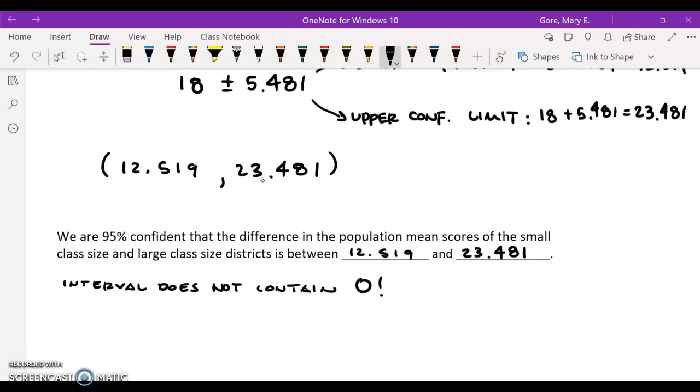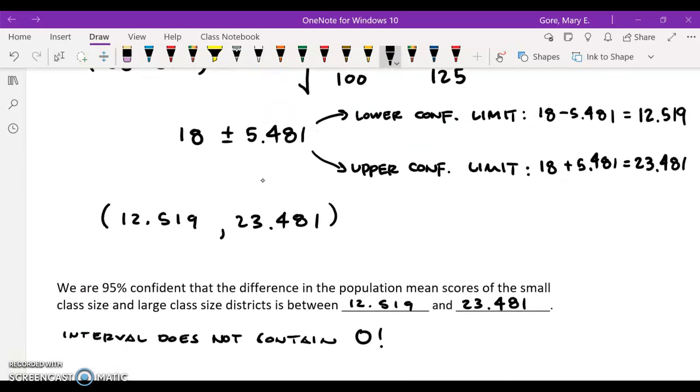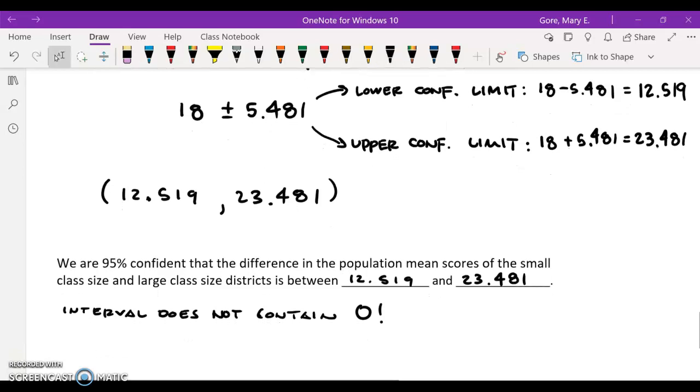We did smaller minus larger in our summary statistics, so these exclusively positive values tell me that the smaller class sizes seem to have noticeably, or significantly, higher test scores for their third grade reading and mathematics. So I just thought I would leave with that.